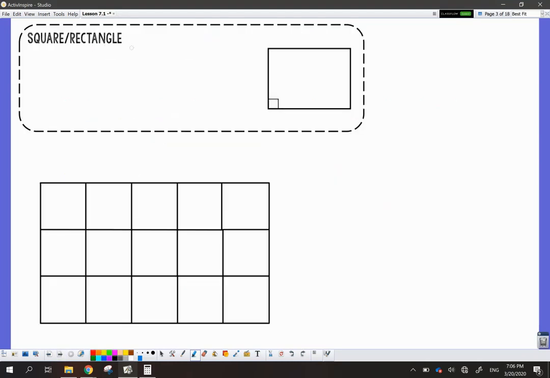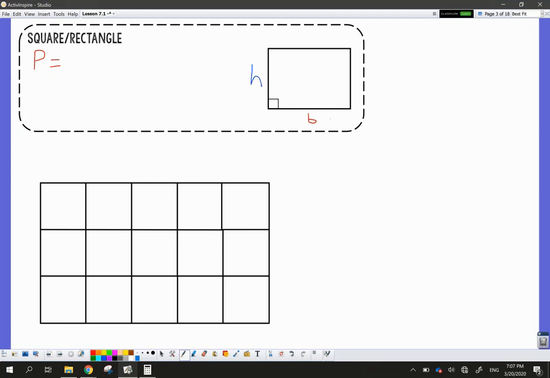We're going to start with a square slash rectangle because those two are very similar. So why don't we start with perimeter? One way that we can find the perimeter, as you know, is to just add all the sides together on a shape. So let's say that I have the base of my rectangle, and I'll do that in red, and I'll do the height in blue.